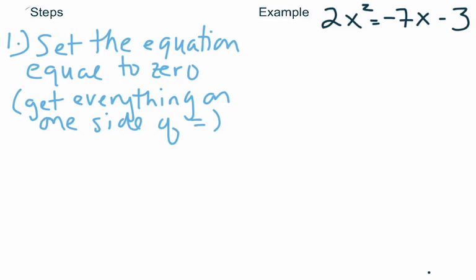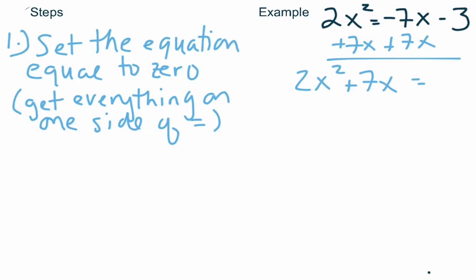So in this step, I am going to add, you can do this in one step. I'm actually going to do it in 2 just for clarity, but normally I would do this in one step. So you're going to have 2x squared, add 7x, and then we still have the negative 3 over on the other side, and then we'll add 3.